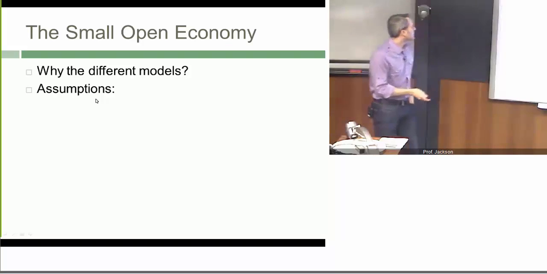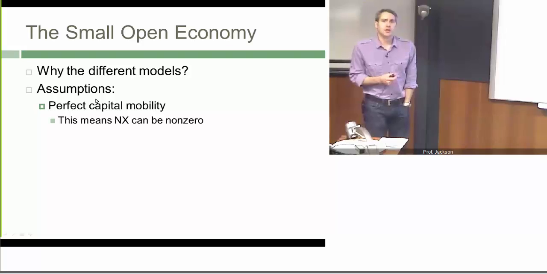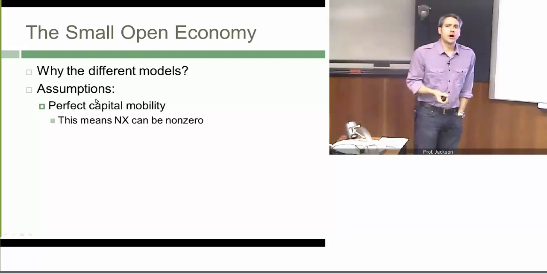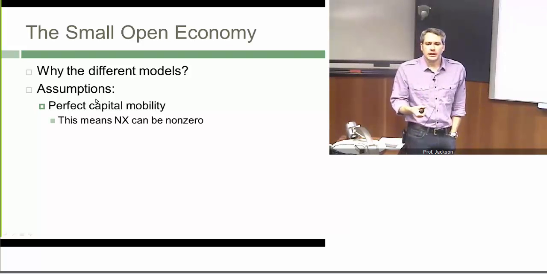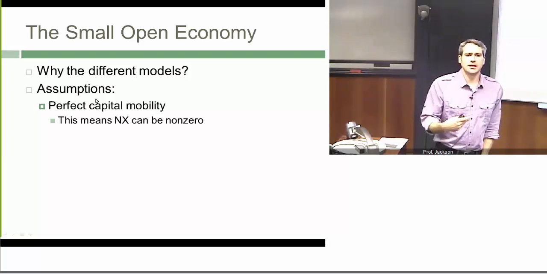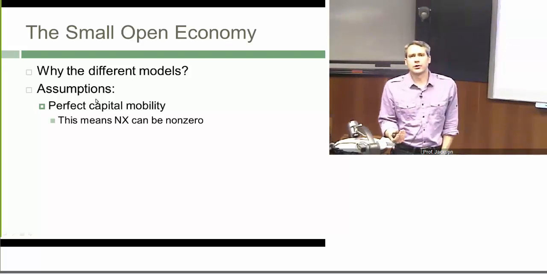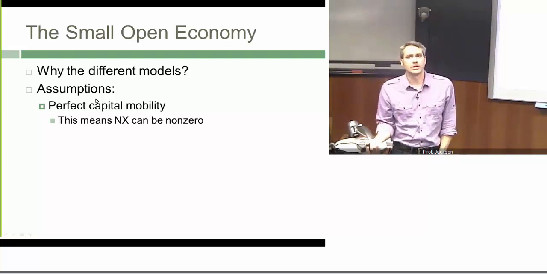And so in order to understand the assumptions behind this, we're going to have two basic assumptions. So when we think about a small open economy, if a country is small and open, then the idea is that you would have perfect capital mobility in the sense that we assume that there's no trade barriers or restrictions of capital into or out of the country.